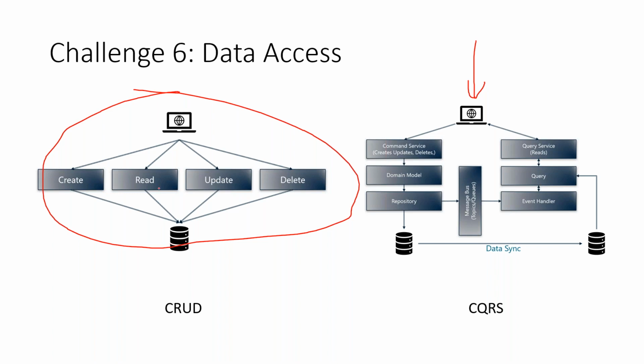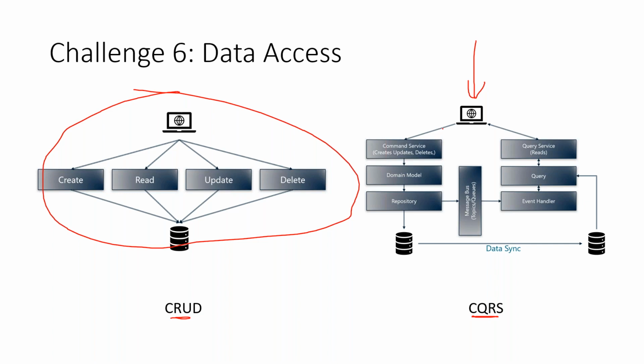Now, this works well if you have a local area network and you're running your database on the same network that your APIs or your microservices are running on, but it's synchronous, and it doesn't really scale well to multi-region or even large data center access. Instead, what we preferred is a CQRS pattern, which is kind of an alternative to CRUD in that it really gets to an asynchronous model for doing data access.